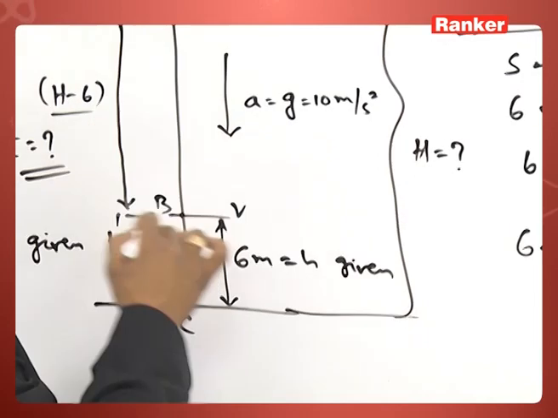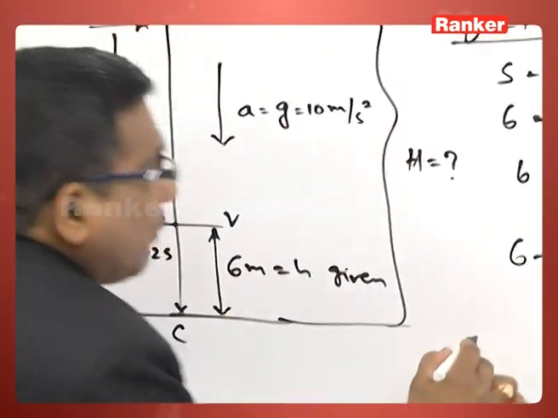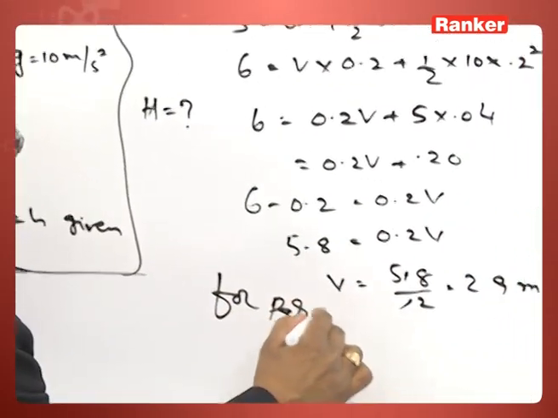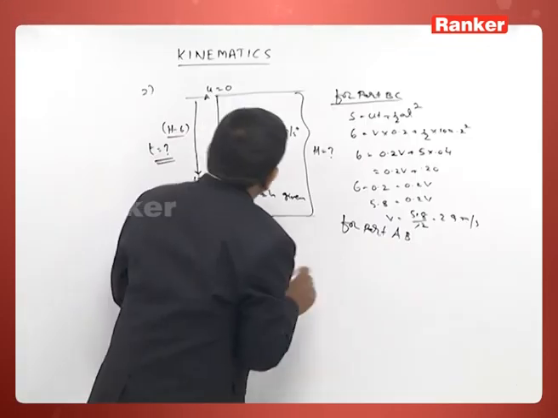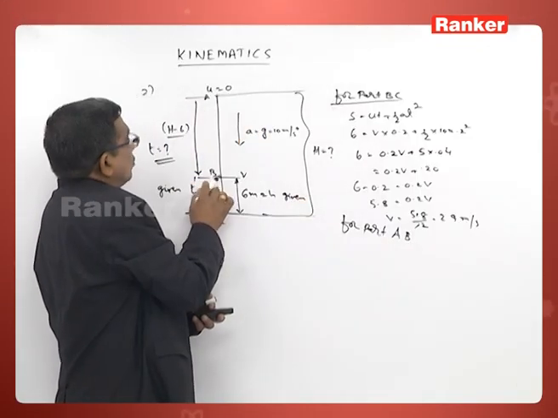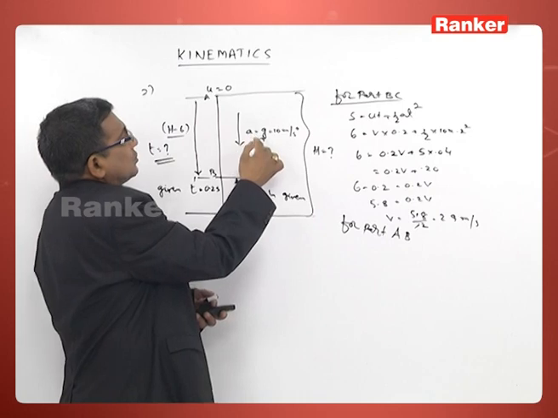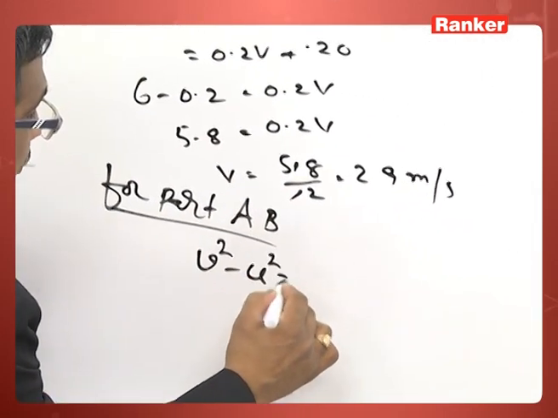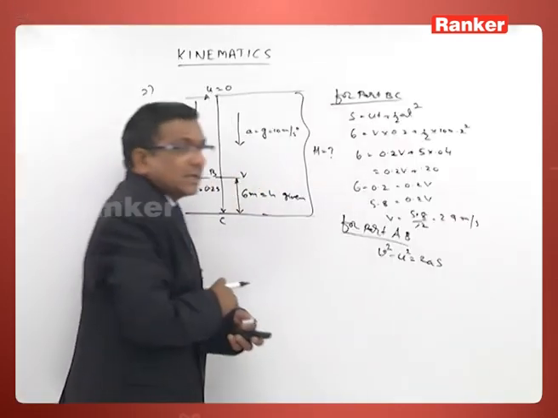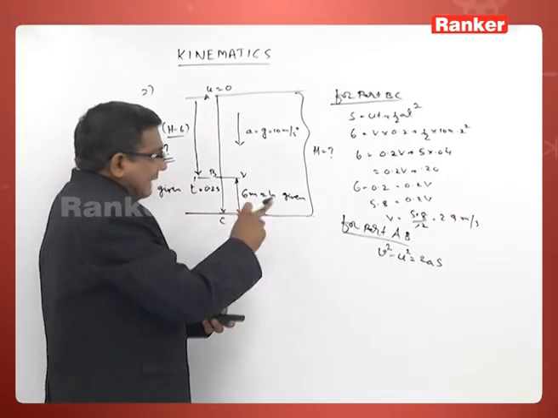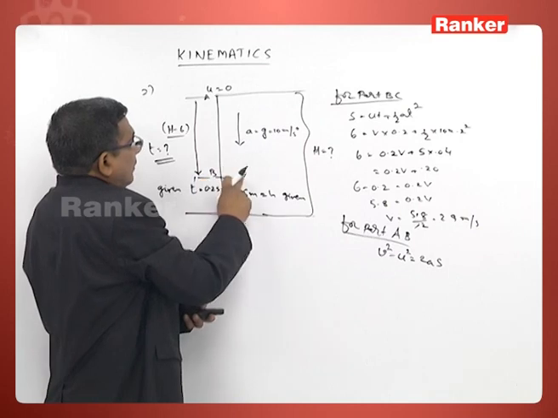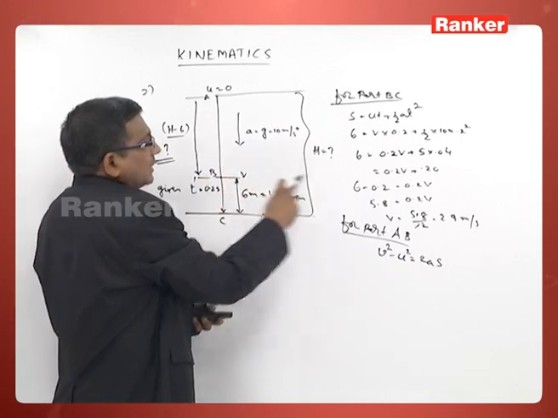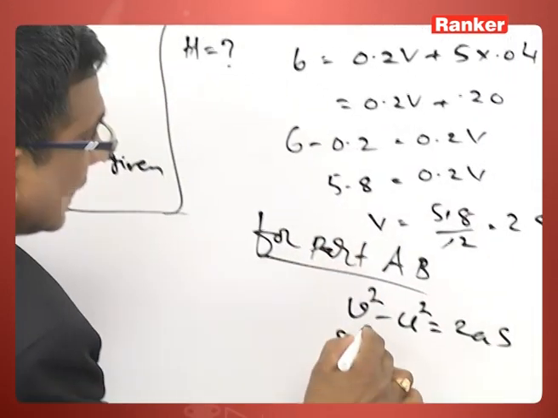Therefore, to solve for the total height for part AB, what do you write? You know initial velocity, final velocity, distance and acceleration. So use the formula v square minus u square is equal to 2as. This is the equation of motion that we know, and for journey AB, v is the final velocity. Already you got this velocity as 29 square.